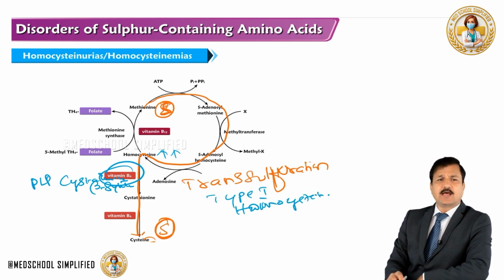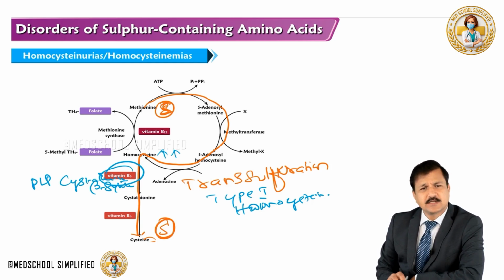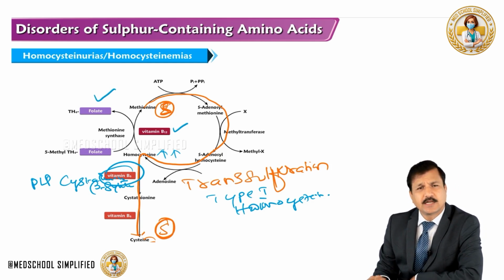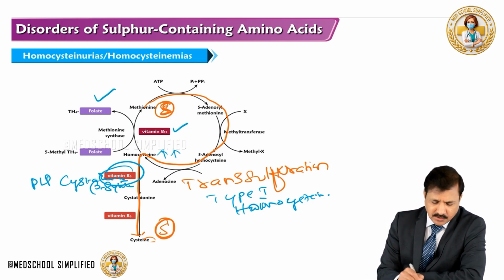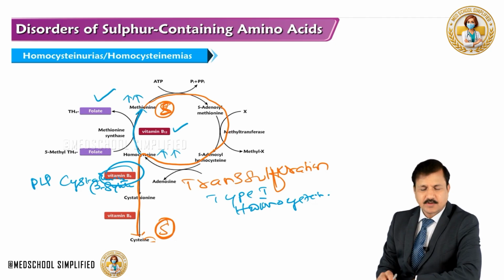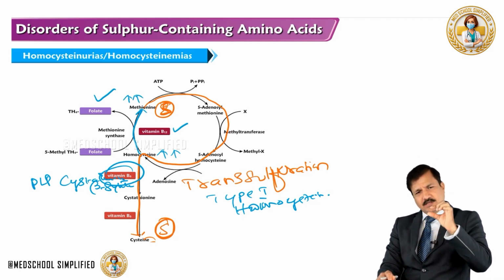So what will happen when homocysteine is building up? Just in case there is sufficient vitamin B12 and folate available in type 1 homocystinuria, some of this homocysteine will be taken towards methionine and there will be a rise in methionine levels, because the defect is only in the transsulfuration pathway, where the cystathionine beta synthase enzyme is defective.